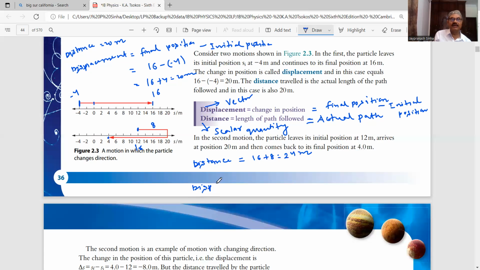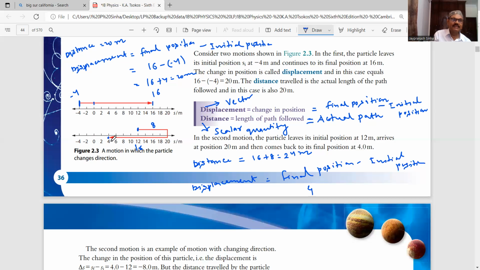But for displacement, just remember the formula. Always you have to apply that. Displacement is equal to final position minus initial position. What is the final position? 4. What is the initial position? 12.